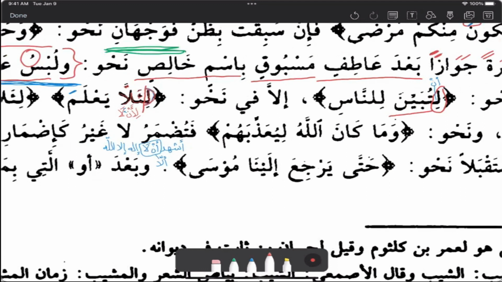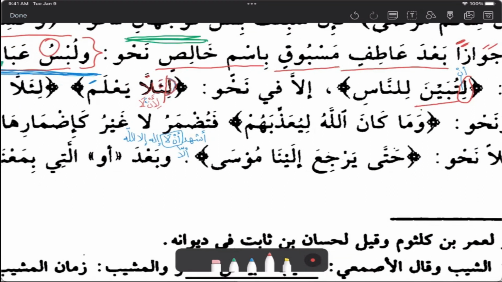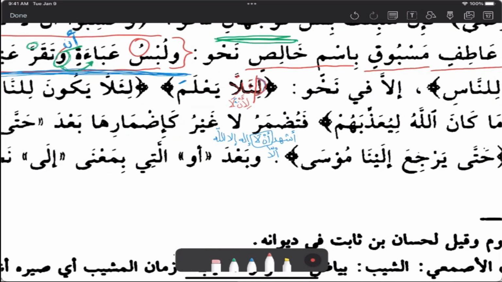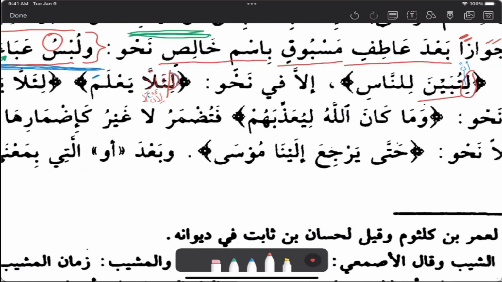وَنَحْوُ, and like, وَمَا كَانَ اللَّهُ لِيُعَذِّبَهُمْ, فَتُضْمَرُ لَا غَيْرٍ. Then in this case, it will be hidden only.